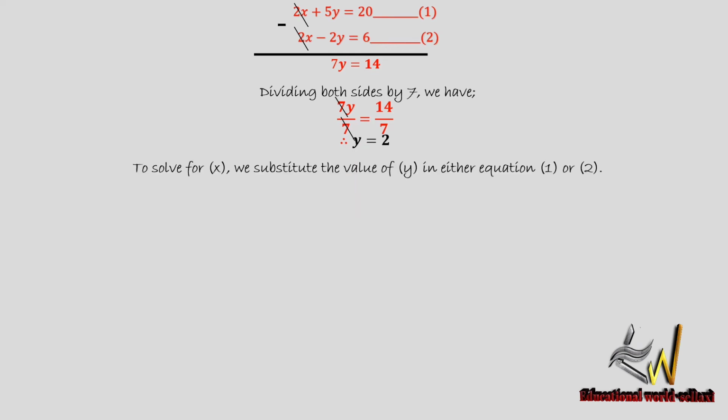Now we've gotten the value of y. To solve for x, we substitute y in either equation 1 or 2. I choose equation 1, which says that 2x plus 5y is equal to 20. Now 2x plus 5 times 2, because y is 2, is equal to 20. So I'll have that 2x plus 10 is equal to 20.